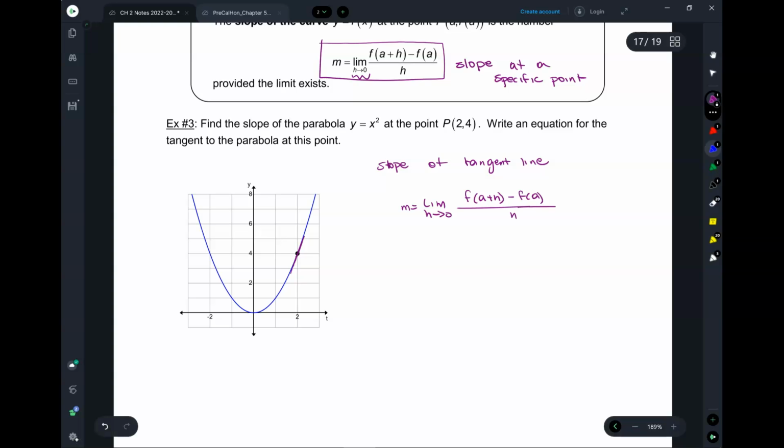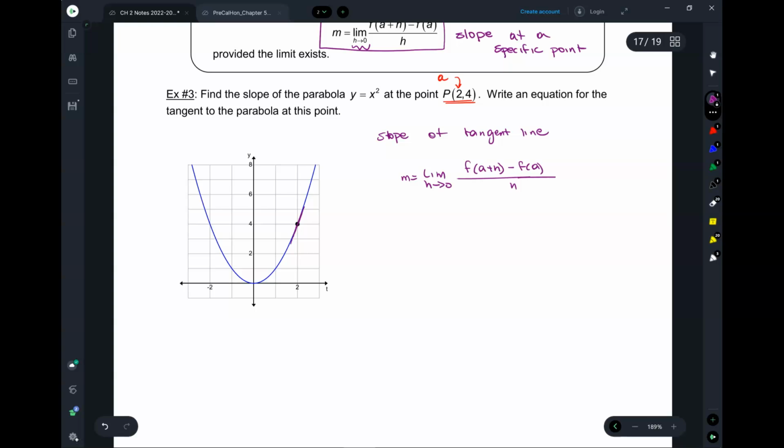Now, if you have to do this at the point 2 comma 4, that number, that 2, the x value is your a. Okay? All right. So always.